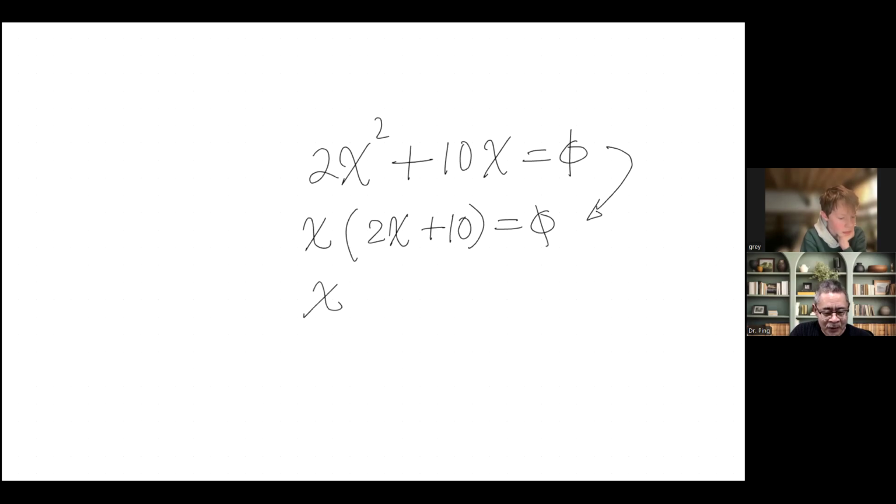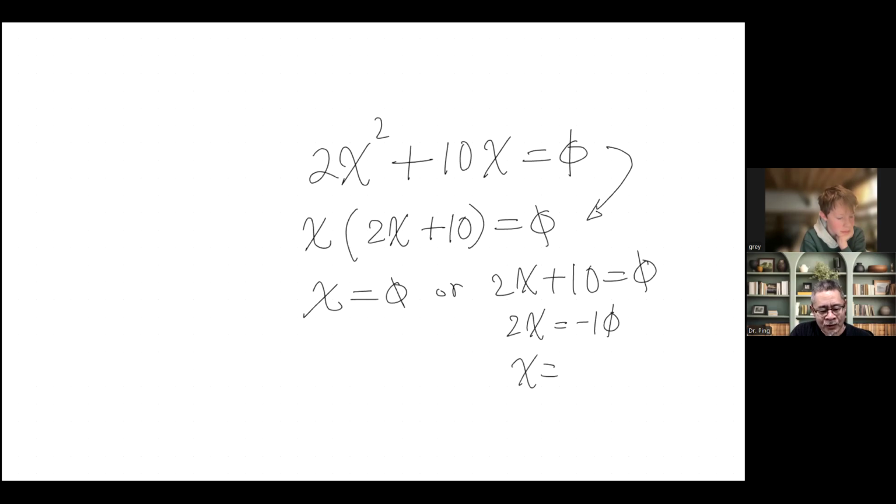Either x equal to 0 or 2x plus 10 equal to 0. Now, 2x equal to negative 10. Then x is negative 5. So therefore, our answer is negative 5, comma 0. Yep, we good on this one?